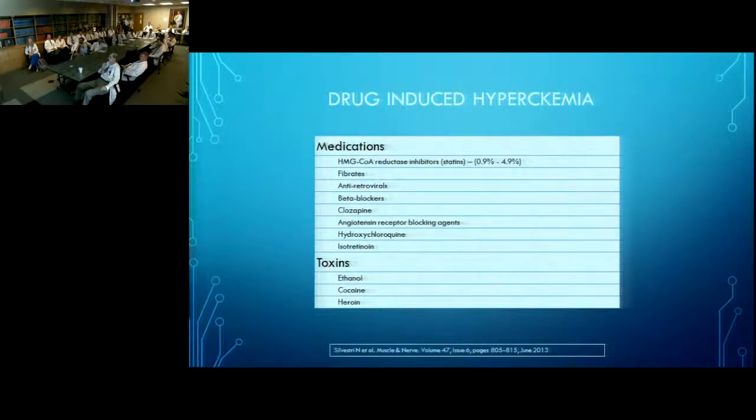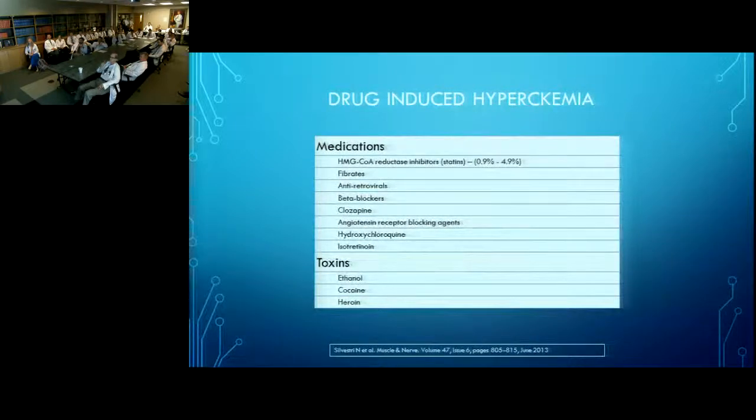So there could be maybe some genetic factors in play as well. But what we know is that if you are taking a high dose of statins, or if you're combining it with fibrates and some other drugs that interfere with elimination of statins, the risk is much higher.